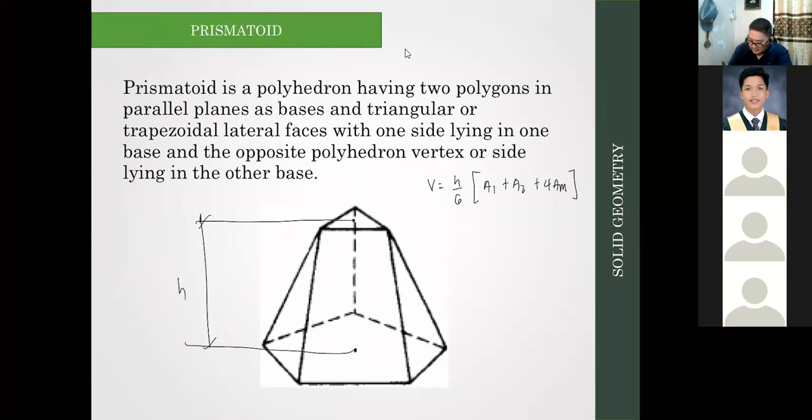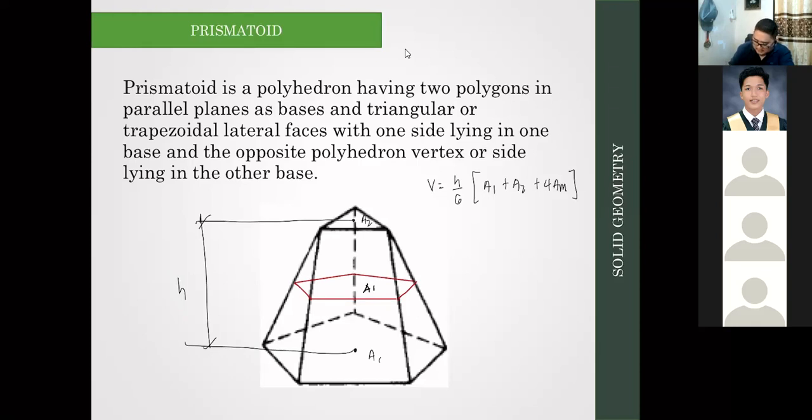Si A1 is yung area ng base 1. Si A2, area ng base 2. And si AM is yung middle part nung... Yan. So, assume yung middle yan. So, yan yung AM natin.